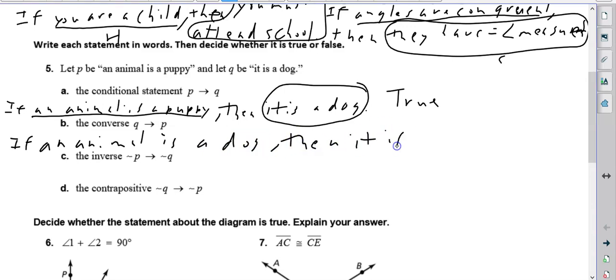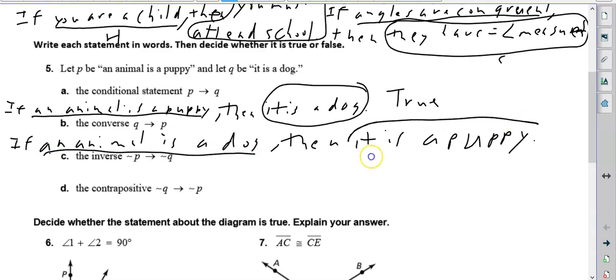Now, all we did is we switched them. So before it's puppy then dog, now it's dog then puppy. So now if an animal is a dog is our hypothesis. Again, you don't have to do the underlining. I'm just doing it to reinforce it. It is a puppy. Well, if you have an adult dog, it's not a puppy. So this is one of those that can be true, but as a general rule, is false, because it's not always true.